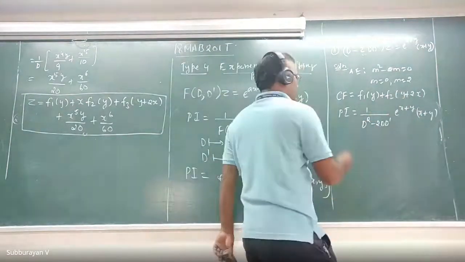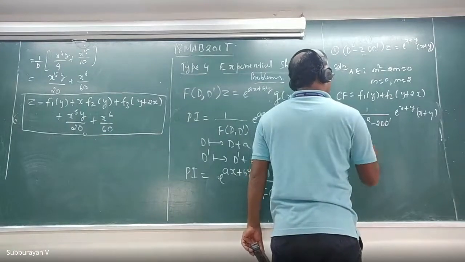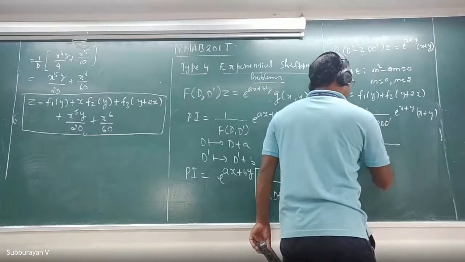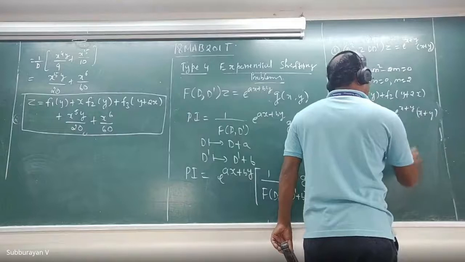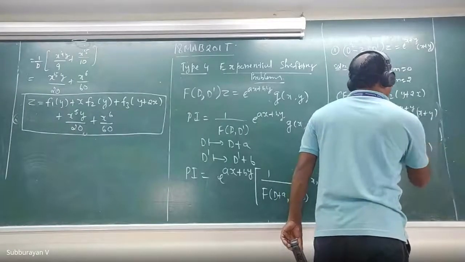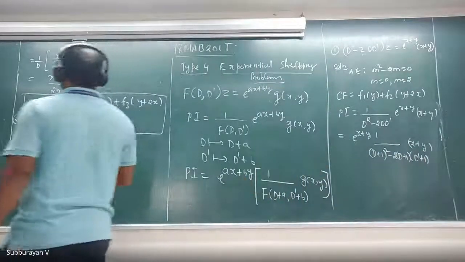Therefore, this is e power x plus y into 1 divided by D plus 1 the whole square minus 2 into D plus 1 into D dash plus 1, into x plus y. Now you expand this.